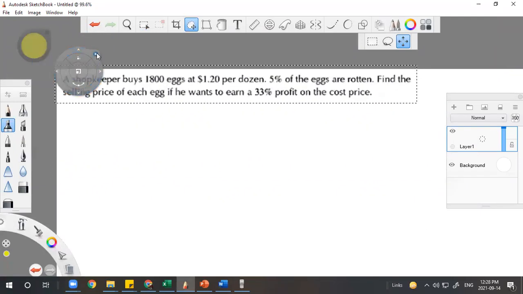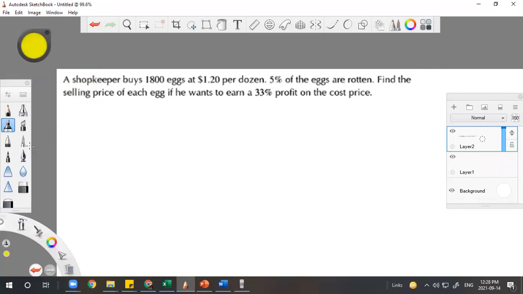A shopkeeper buys 1,800x. This is what he bought at the first time: 1,800 at $1.2 per dozen. What is a dozen? Anyone? 12 pieces. So many students know this. You have to understand that 1 dozen equals 12.